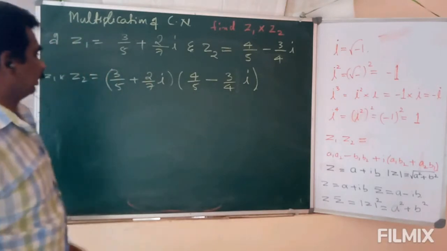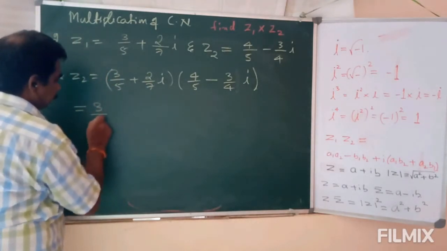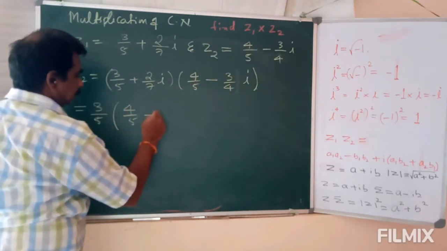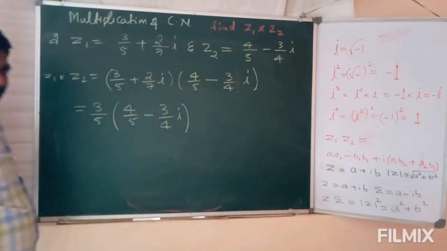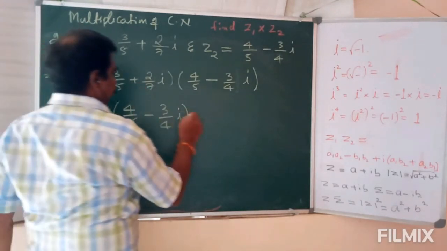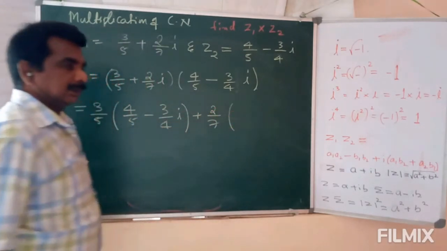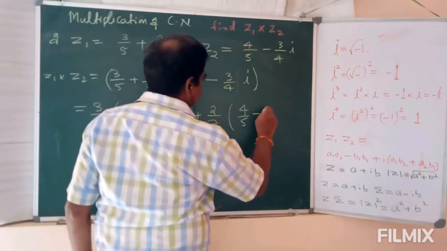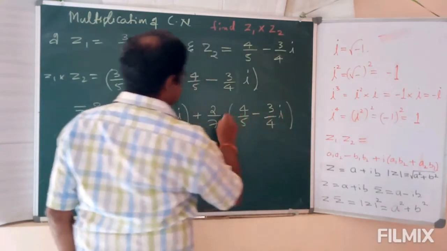Okay. Now first 3 by 5 into this factor 4 by 5 minus 3 by 4i, plus 2 by 7i into 4 by 5 minus 3 by 4i.